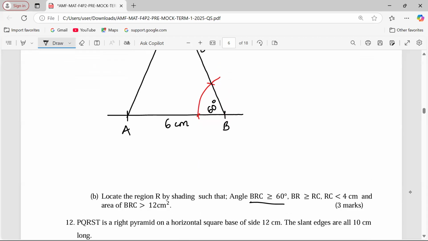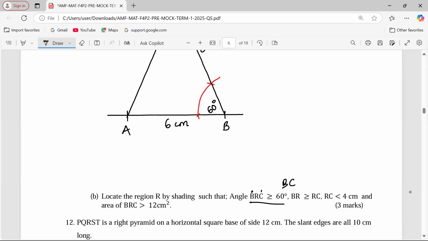Now this is called the constant angle loci. So for us to come up with a constant angle loci, we need to know that we use a chord BC. Then we are supposed to construct a circle whereby we can subtend an angle of 60.